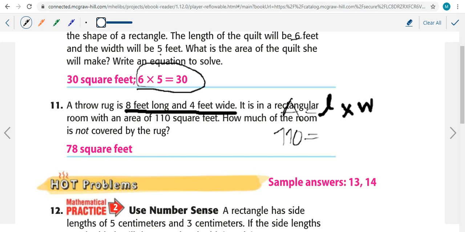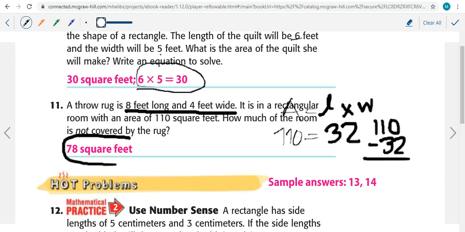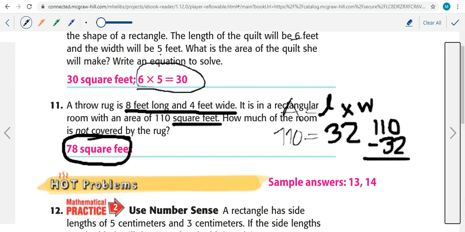Why? Because 8 times 4 is 32. So to find which area is not covered, you're going to subtract 110 minus 32, and the answer is 78 square feet. Okay? Next page, my homework.